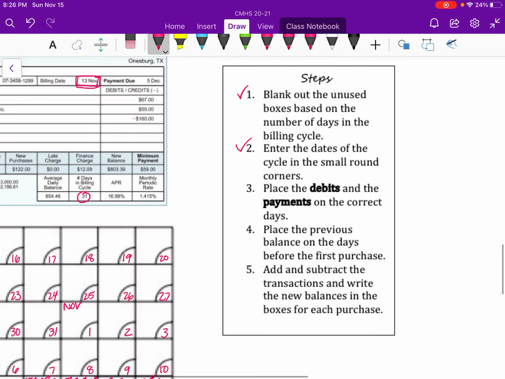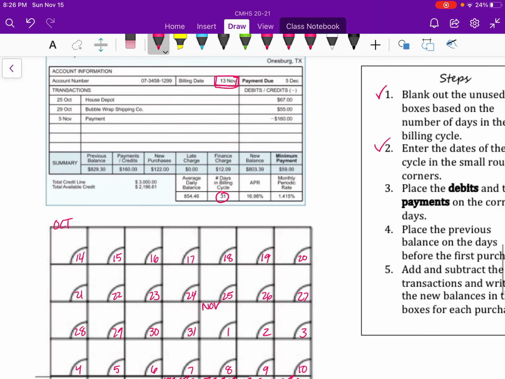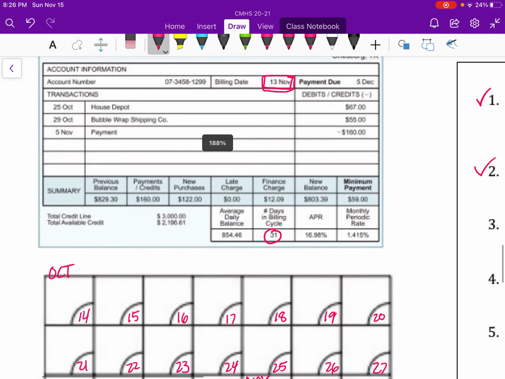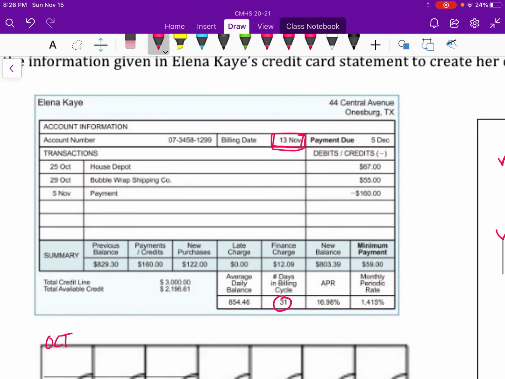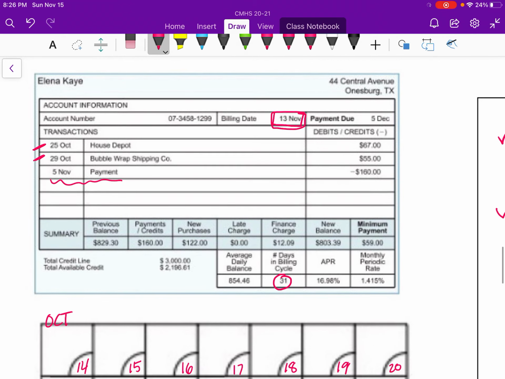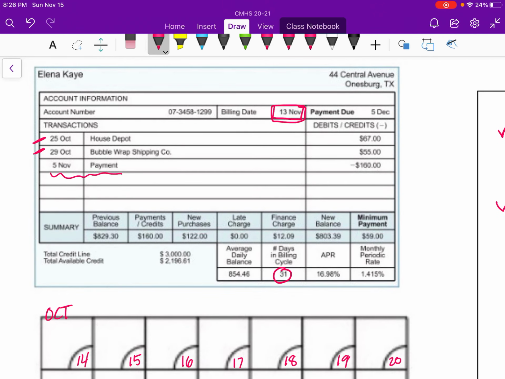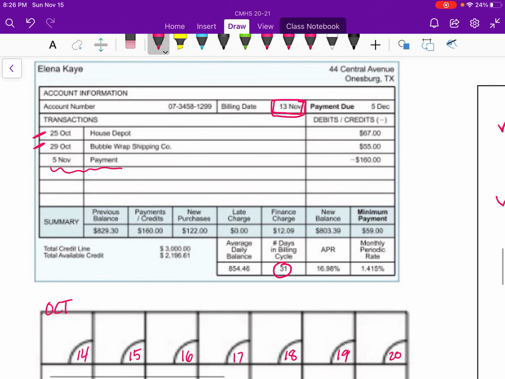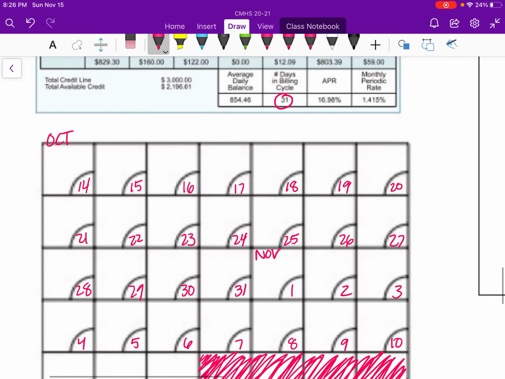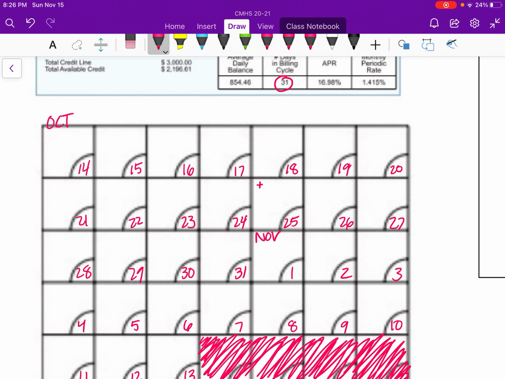Next step is place the debits and payments on the correct days. So here I only have 3 transactions, 2 new purchases, and 1 payment. Now remember, new purchase is addition, and payment is subtraction. So here's what I'm going to do. I'm going to go find those days. So it was October 25th, $67. October 25th plus $67.